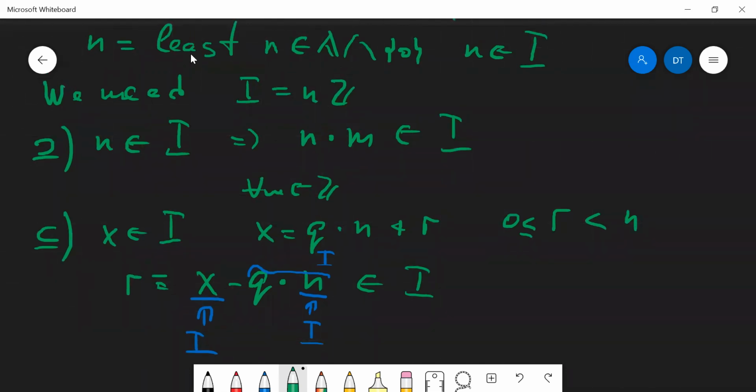And n was the least positive integer inside the ideal I. So if r is not 0, then it's a smaller positive integer inside the ideal I, and this is a contradiction. So r must be 0, by the choice of n. And this simply means that x is equal to q times n, which means that x belongs to nZ. And it proves the other inclusion.